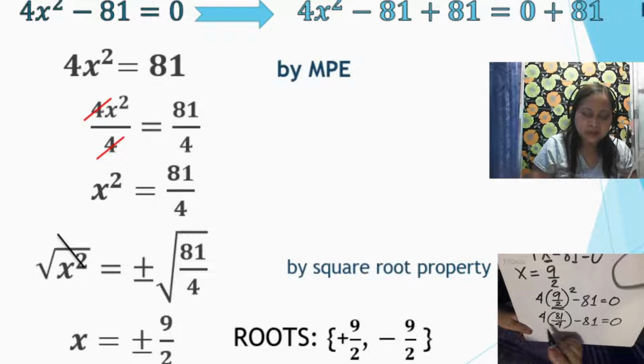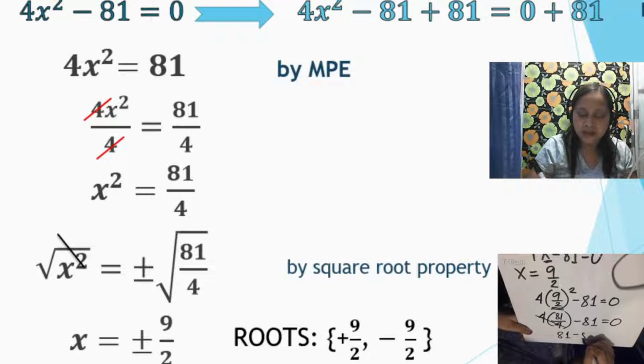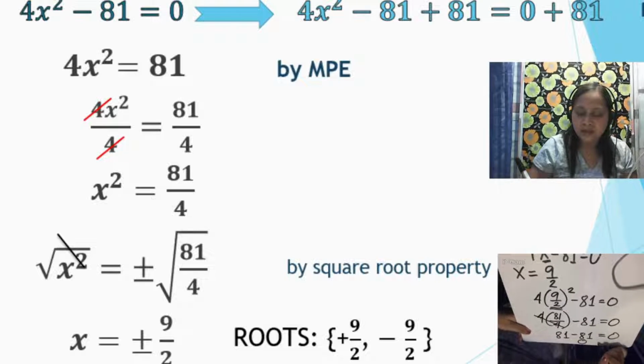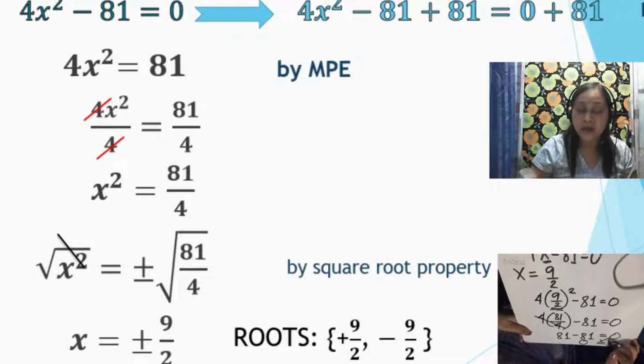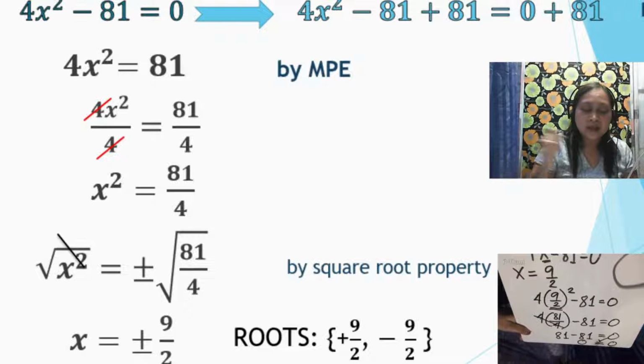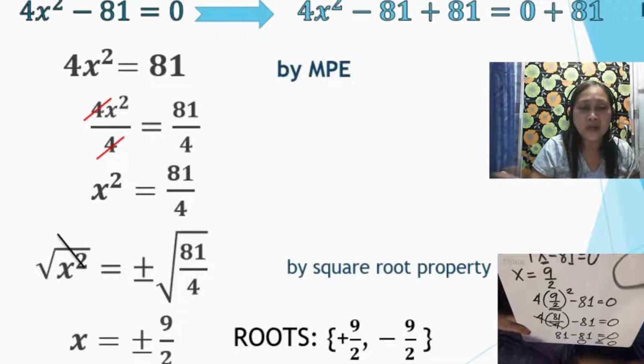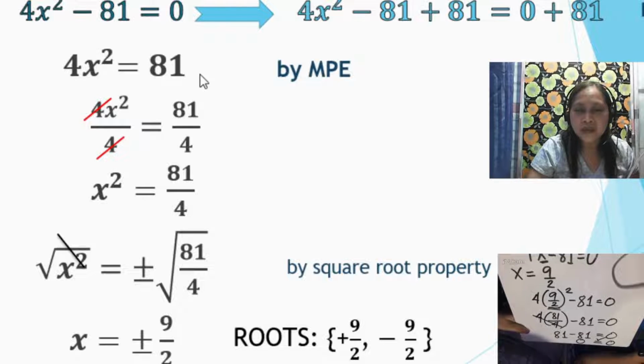Since 4 can be divided by 4, we can cancel this. So it becomes 1. 81 divided by 1, that is 81 minus 81. So 81 minus 81, 0 is equal to 0. Therefore, they are both equal, meaning 9 over 2 is the solution of the equation 4x squared minus 81 is equal to 0. So it's very clear, class.